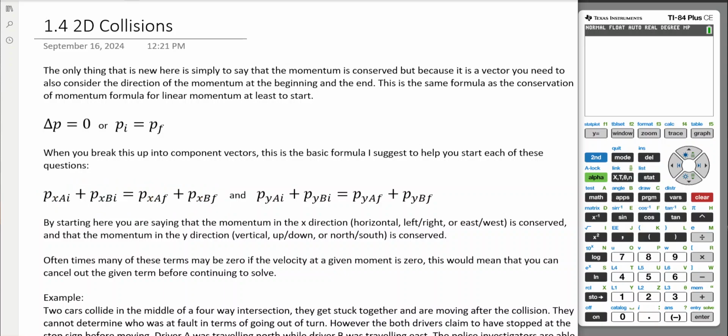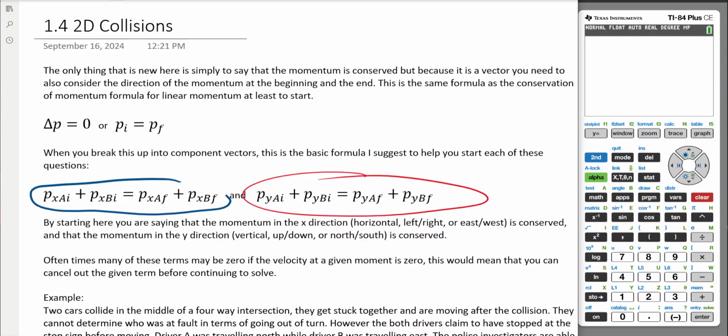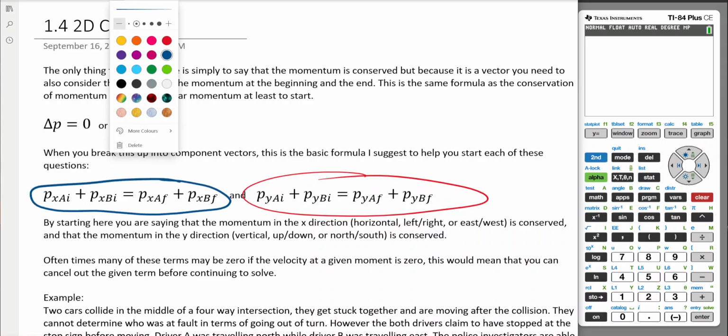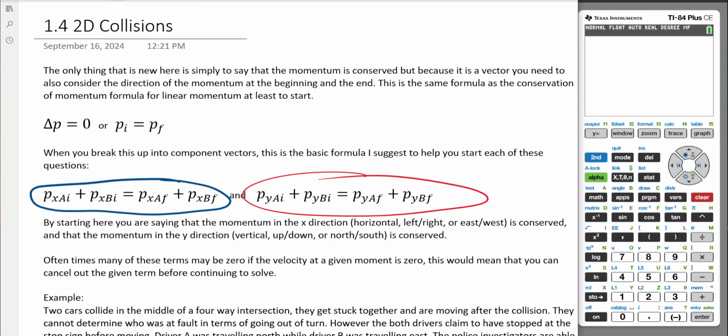We're doing it in the x direction, and we're doing it in the y direction. So we're now having two equations, that is basically double the work as before, in order to solve these same sort of questions. Okay, so the momentum is conserved in the x direction, or the horizontal direction, left, right direction, east, west direction, whatever. And the momentum is conserved in the y direction, vertical, up, down, north, south, whatever.